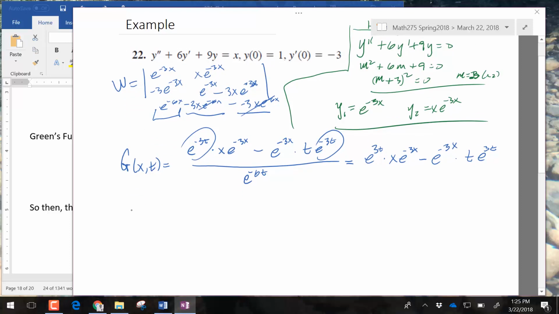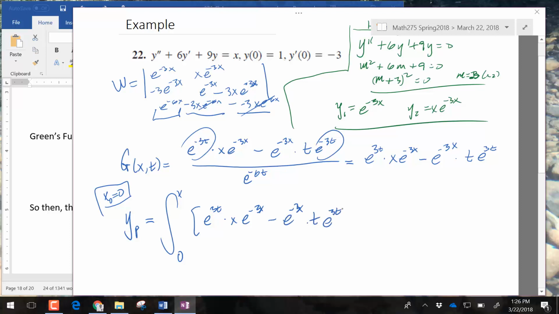I think I'm ready to find my y sub p. And our x naught, by the way, is equal to 0 in this case, so that's going to be our integral starting point, from 0 to x. And then the g function, e to the 3t times x e to the negative 3x minus e to the negative 3x times t e to the 3t.